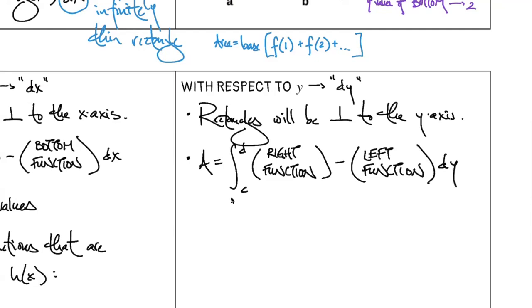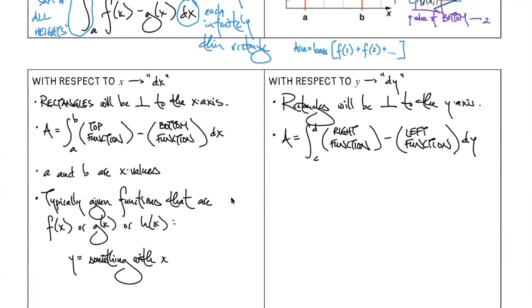Seal that off with a dy. So there you can compare the two of them. With respect to x, it's the integral from a to b of top minus bottom dx. But if it's with respect to y, we say the integral from c to d of right function minus left function dy.